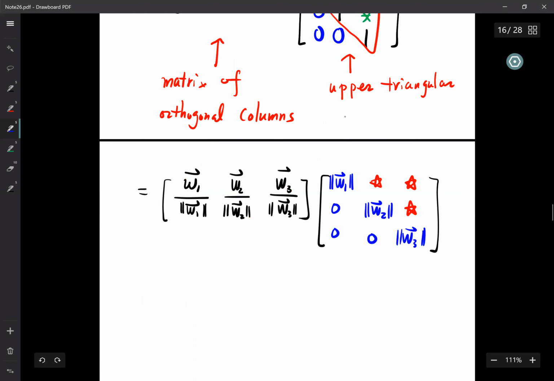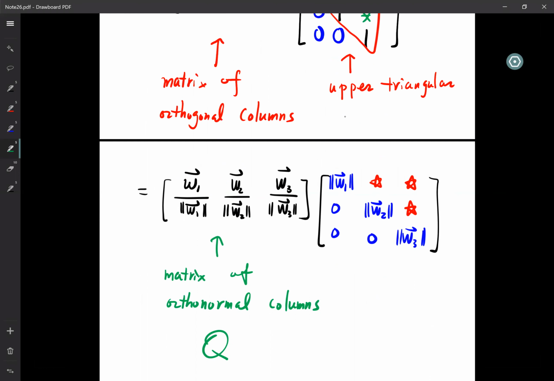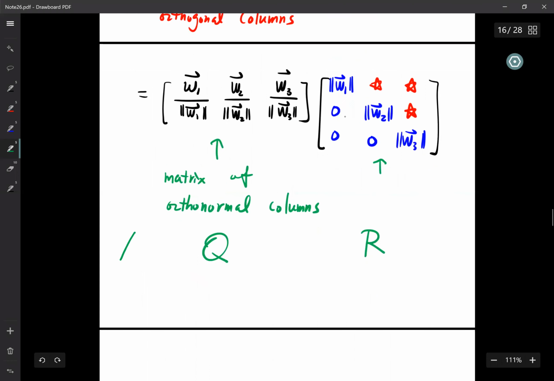So now this is a matrix with orthonormal columns, often called Q. We're going to talk about that later. And this remains upper triangular, and it's called R. So we have A equals Q times R, and this is called the QR decomposition.